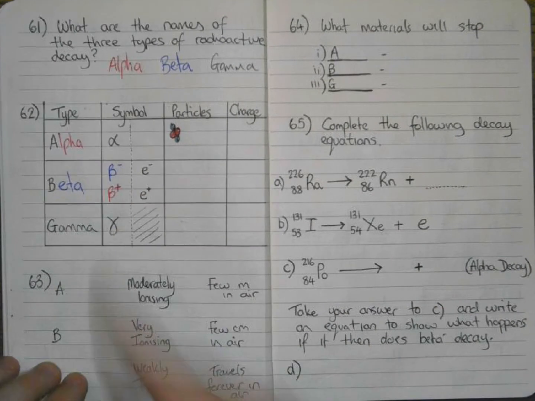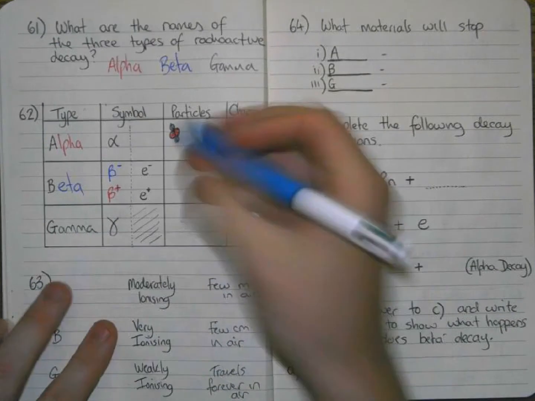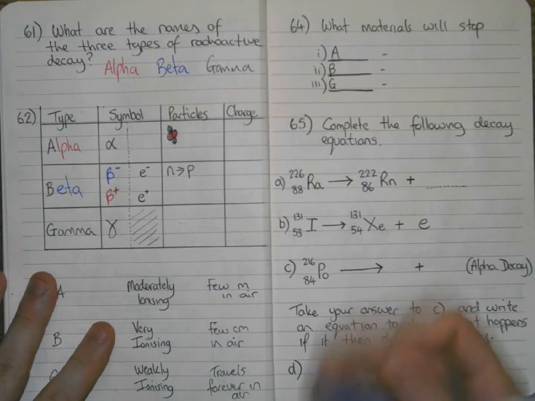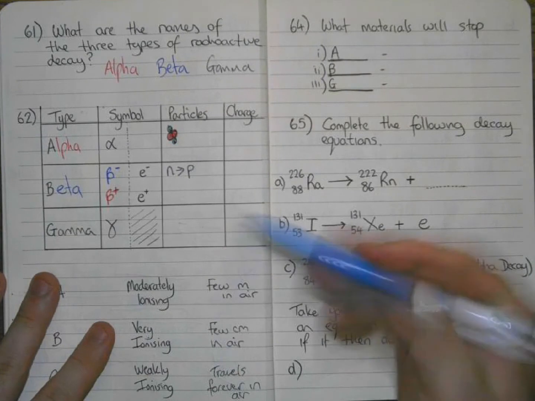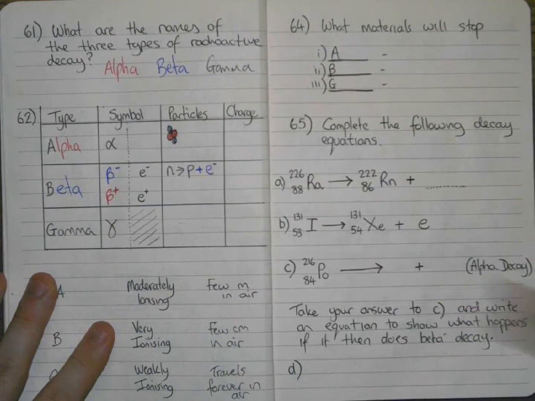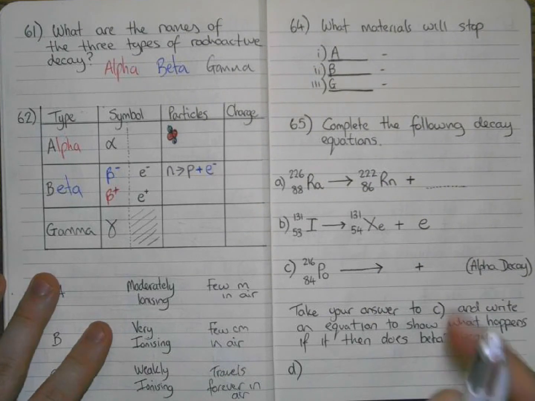So for beta minus decay, we actually have a neutron changes into a proton, and when it changes into a proton, it gives out a beta minus, a negatively charged electron.